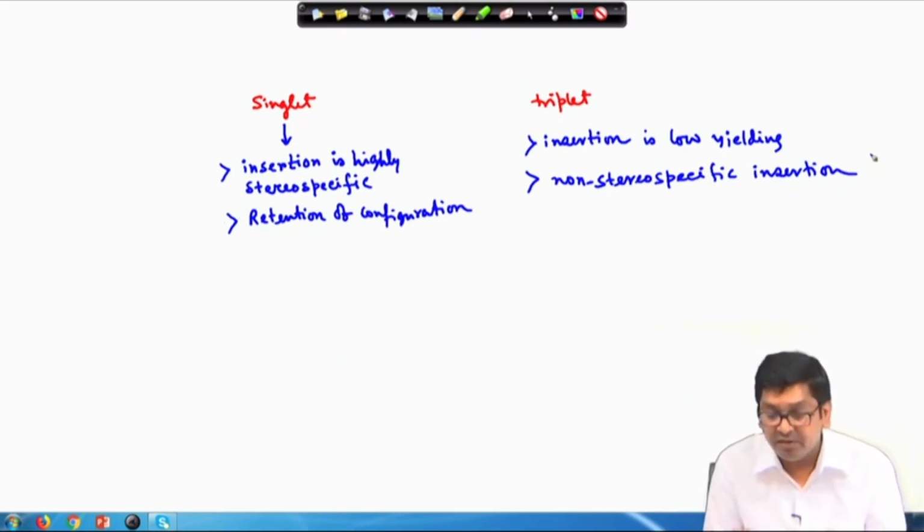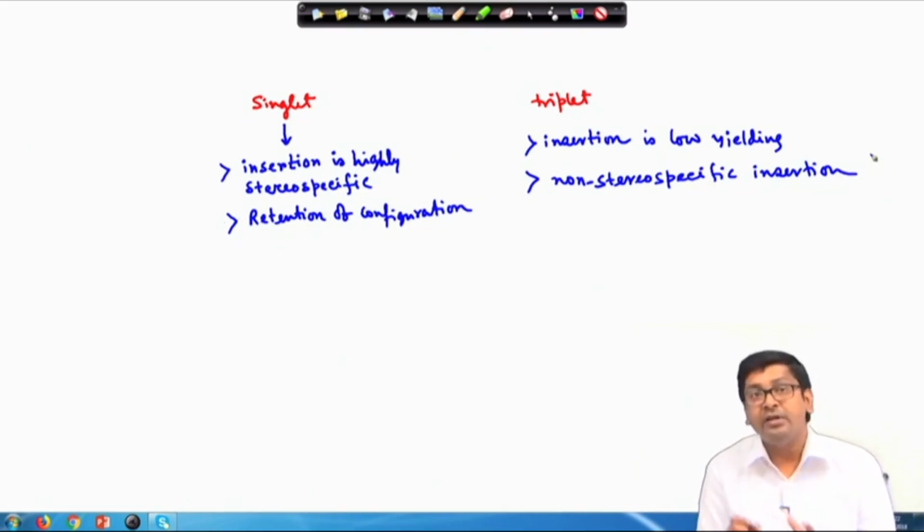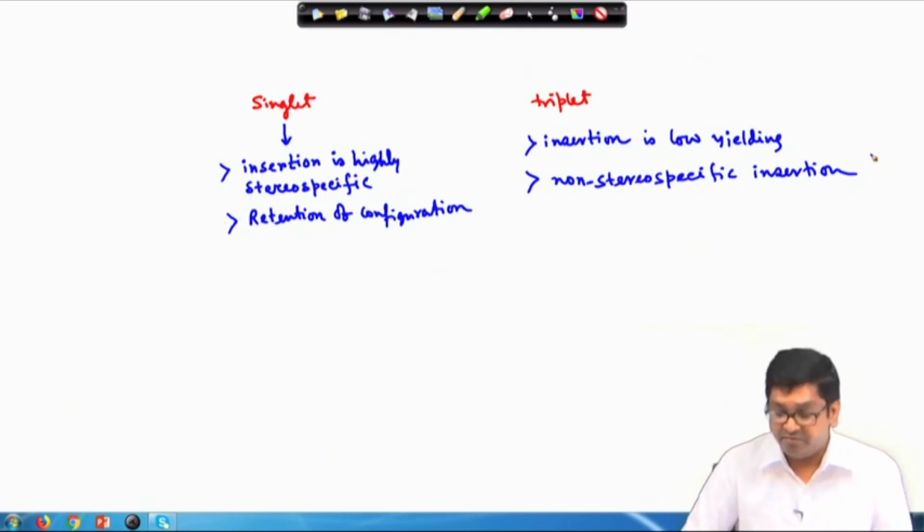So, these are the different types of reactivity for different nitrenes.